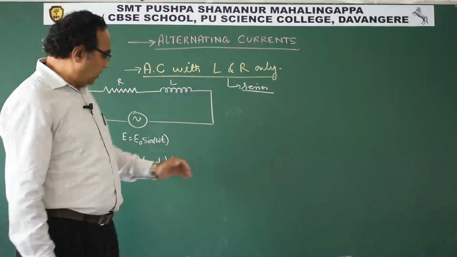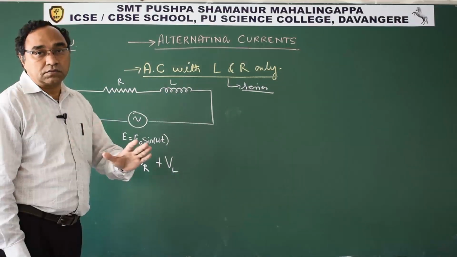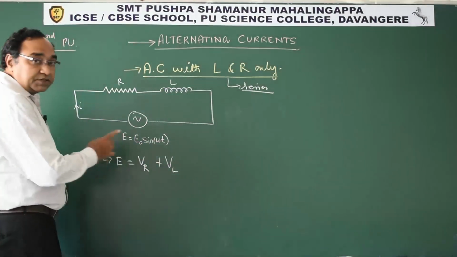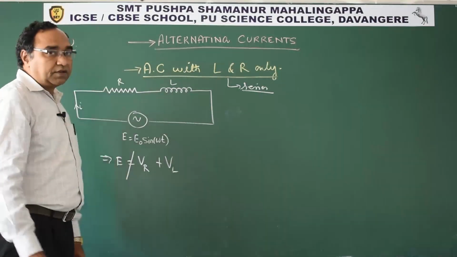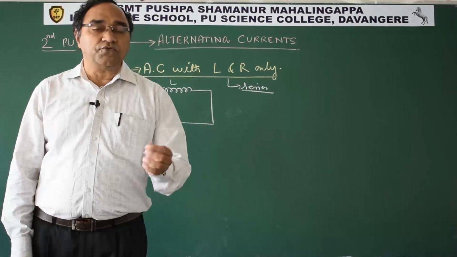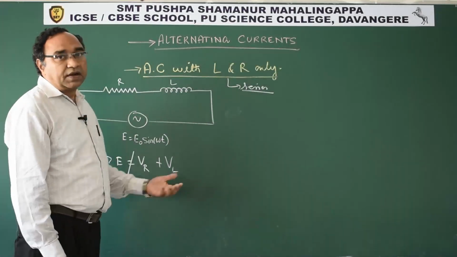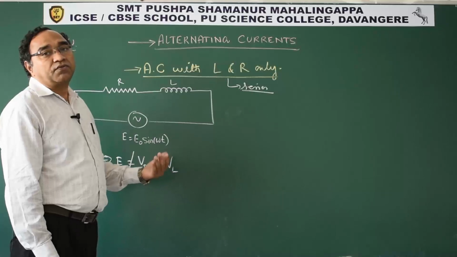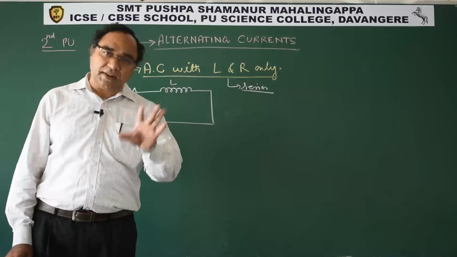It appears that we can take this, but please don't commit this mistake. This statement is wrong. You cannot say it is equal. So the question arises, why? Till now you will say we were studying that in a series circuit we say V is equal to V1 plus V2 plus V3. Correct. That is very right.